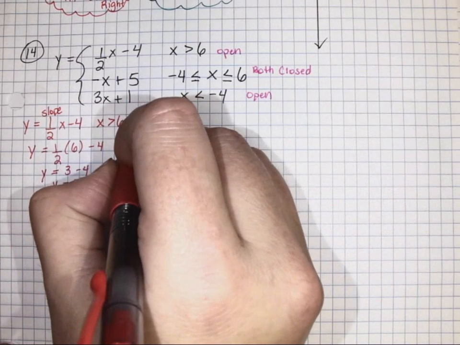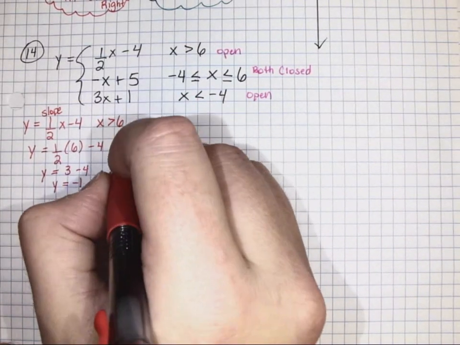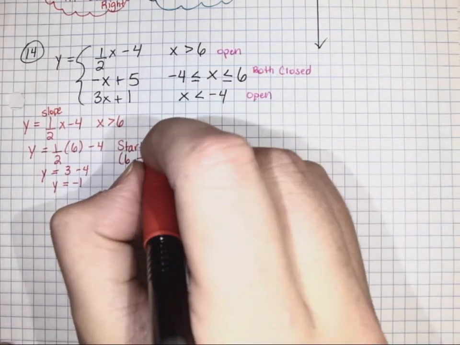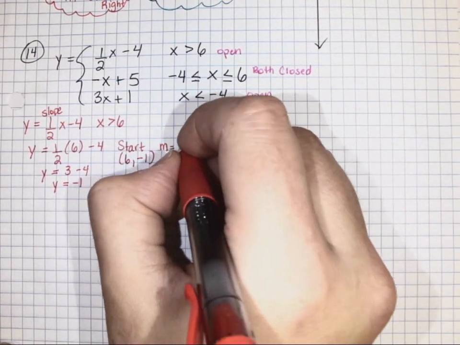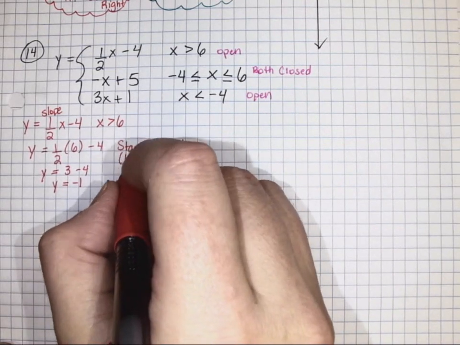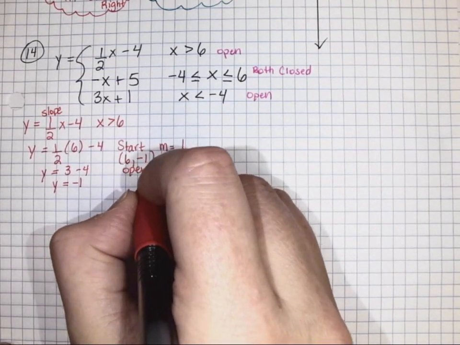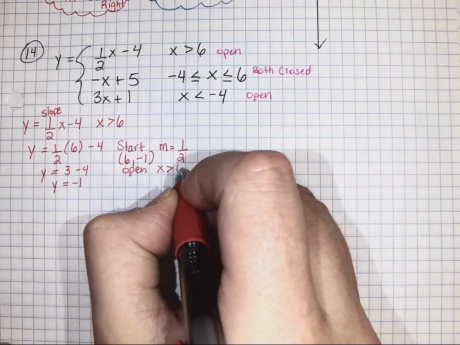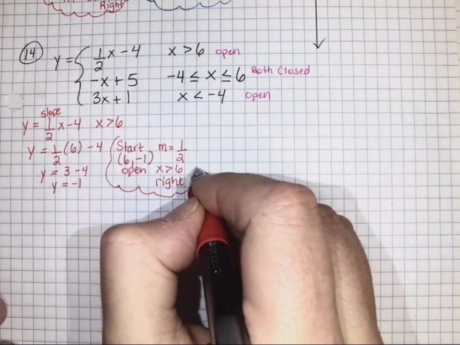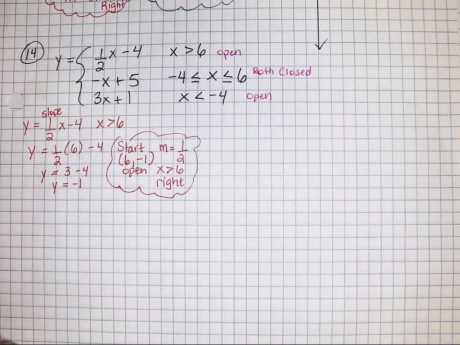So for this part, I'm starting at 6, negative 1. My slope is 1/2. But it was just x greater than 6. So remember, that's an open hole, and I only want to see the right side. So that's what I know for my first part.